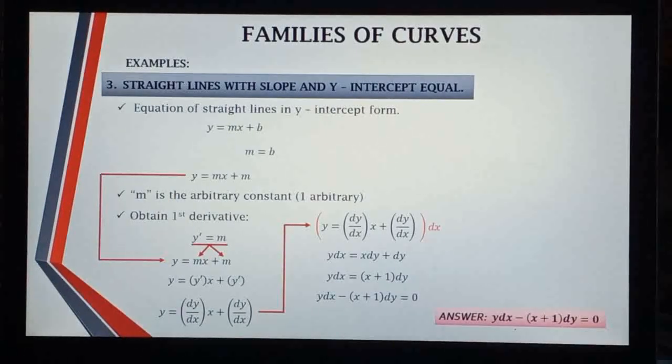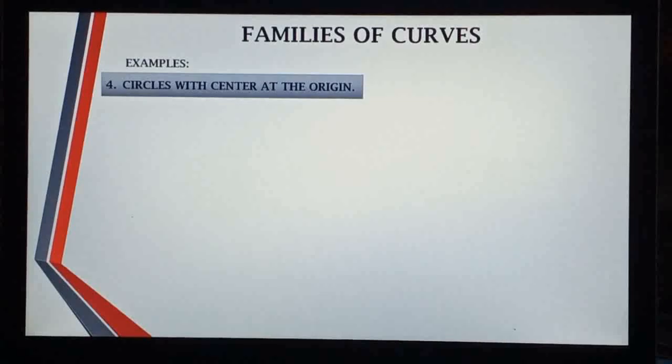Next is example number 4. Now we have circles with center at the origin. So any circle, basta ang center niya nasa origin. So let's say you have your Cartesian coordinates, the x and the y, identifying the origin ulit, that is your 0, 0, wherein nandun dapat yung center ng circle.